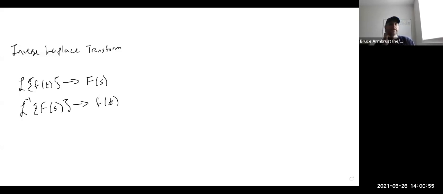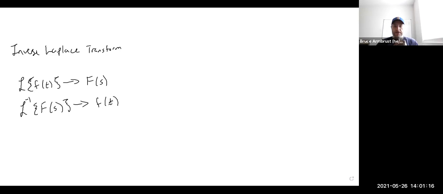It turns out that this transformation is invertible. You can go backwards. So when you get an F of s, when you get the result of a Laplace transform, it comes from only one thing. It is one-to-one.